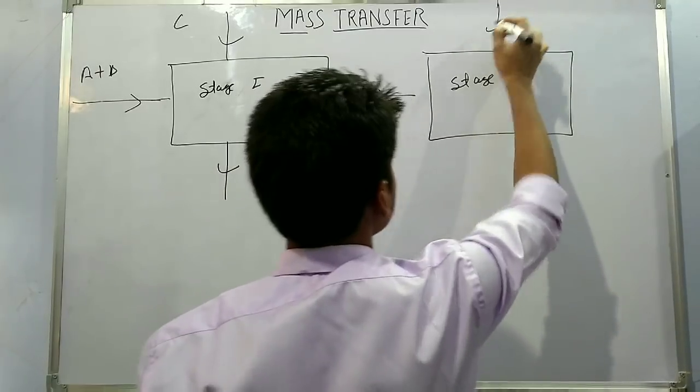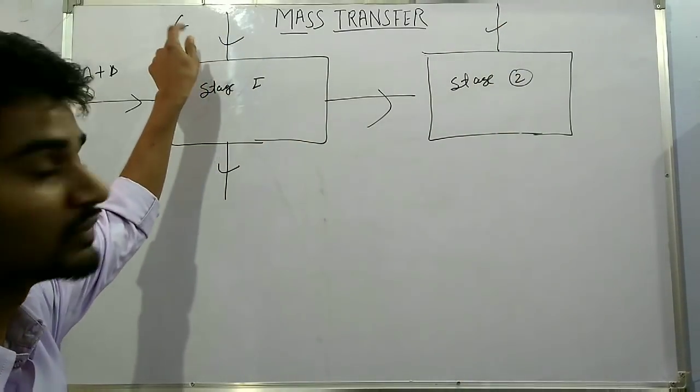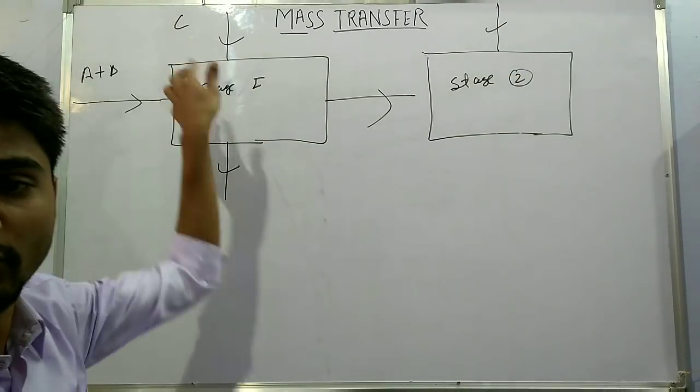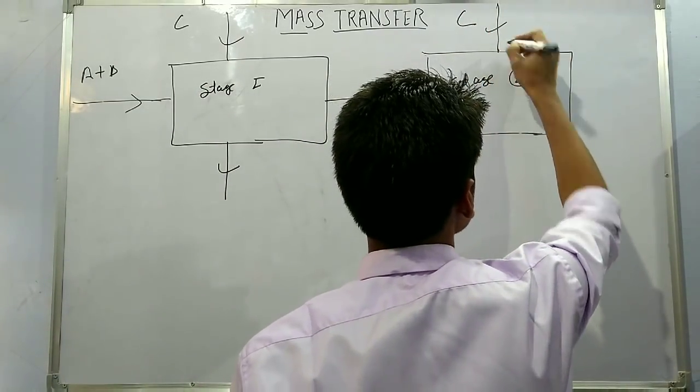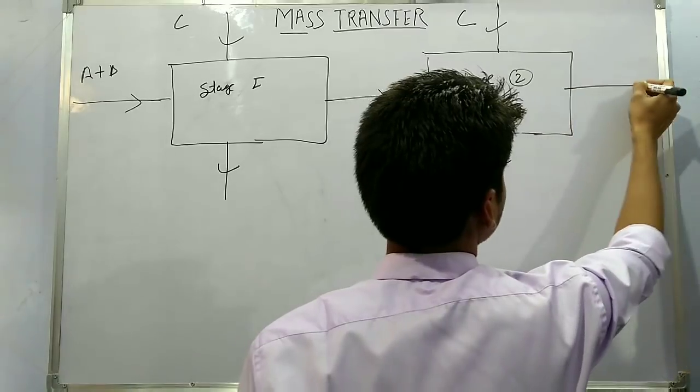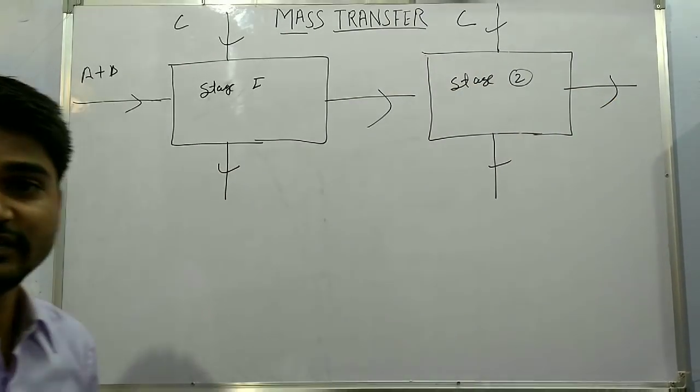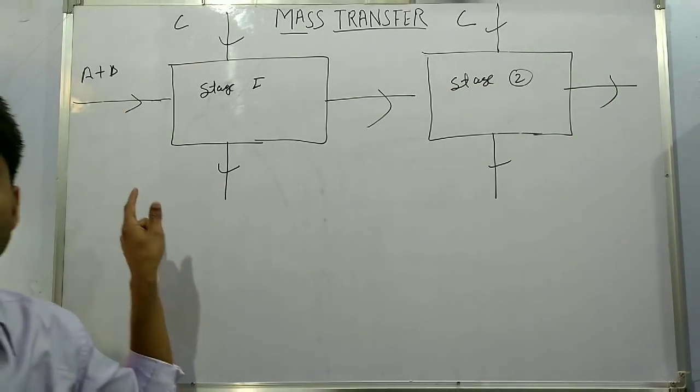Here also, it is given that the moles of C used in both stages are the same. So here also the solvent used is C, and the out stream. Now it is given that B and C are immiscible liquids.